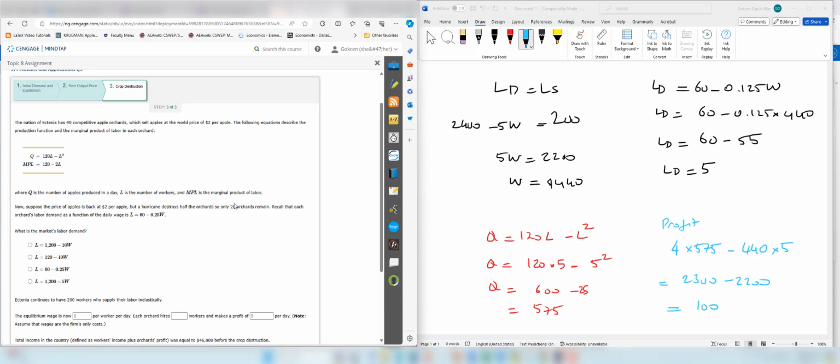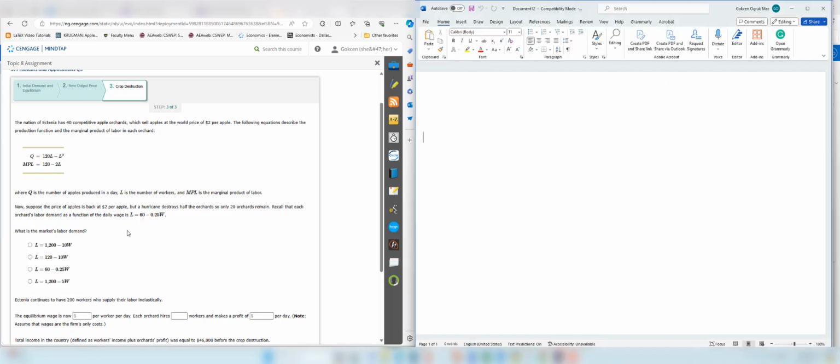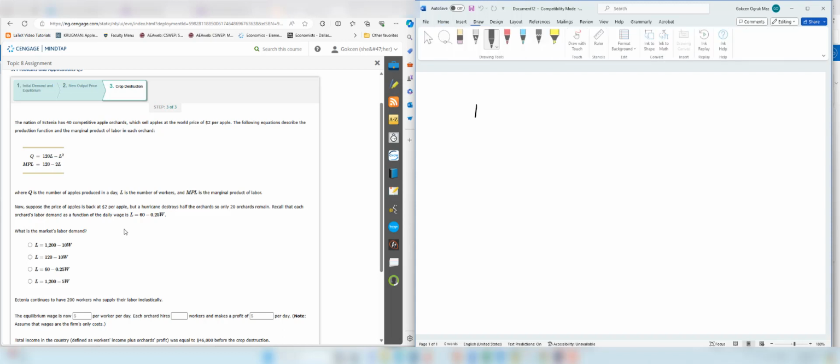Now, everything again is the same except this time we have the hurricane. The price goes back to $2, but the hurricane destroys half the orchards, so only 20 orchards remain. Recall that each orchard's labor demand as a function of the daily wage is, as we calculated, 60 minus 0.25W. This is the firm's demand function.